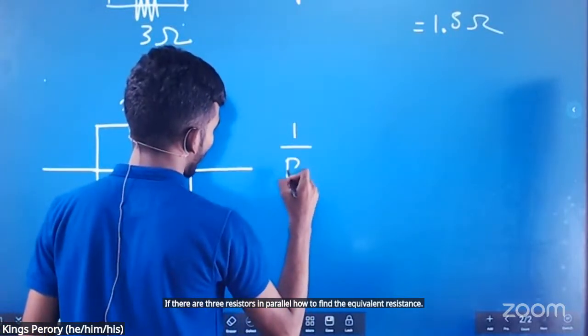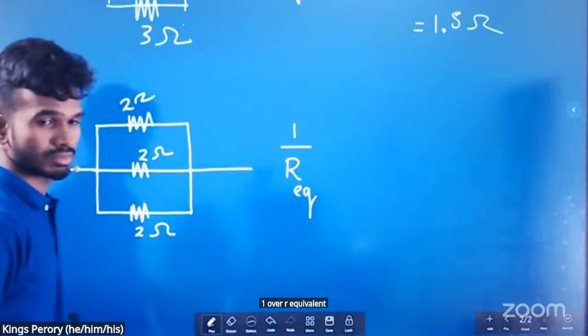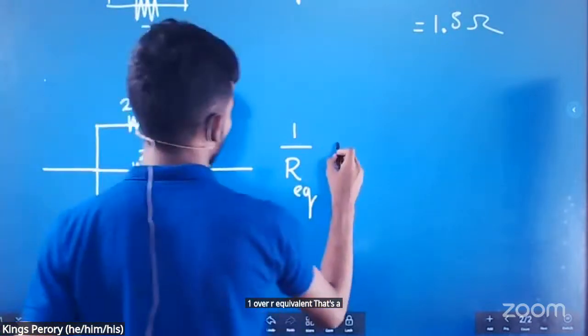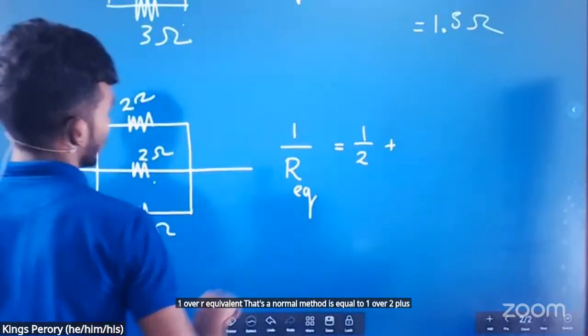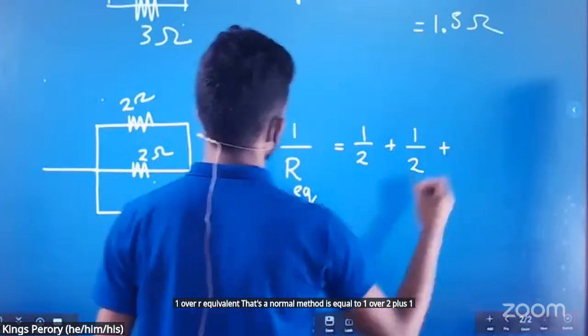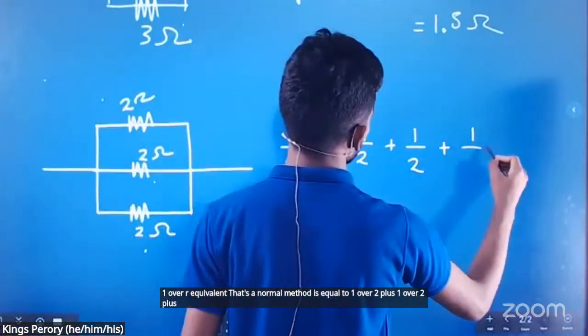1 over R equivalent, that's the normal method, is equal to 1 over 2 plus 1 over 2 plus 1 over 2.